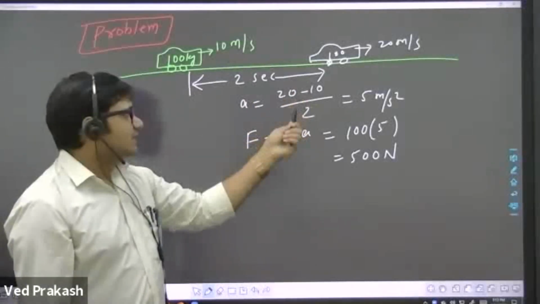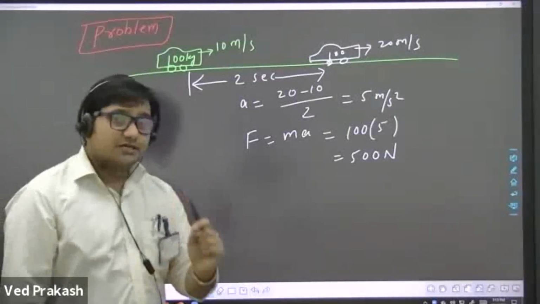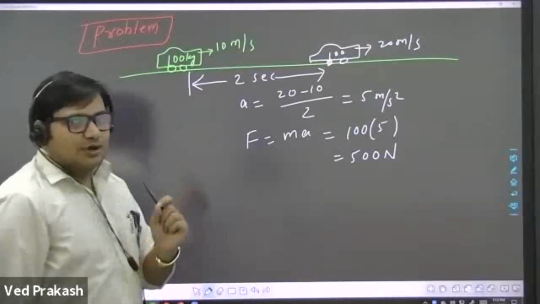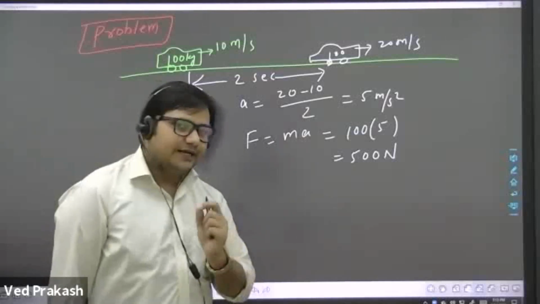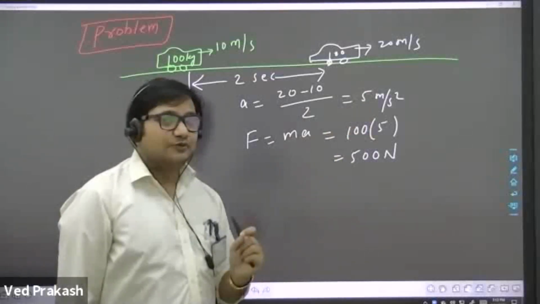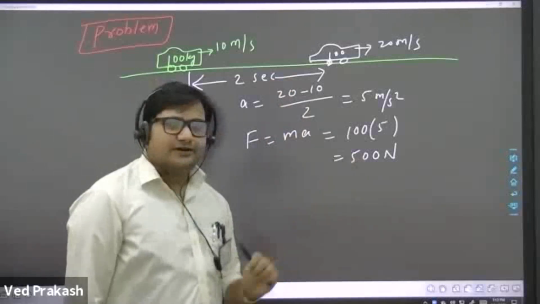So (20 minus 10) by 2 equal to 5 meter per second square. So the acceleration of this car is 5 meter per second square, right? Now you can write F equal to ma, and m is already given as 100 kg and a is 5 meter per second square. So we can clearly see here that the force acting on this car is 500 Newton.